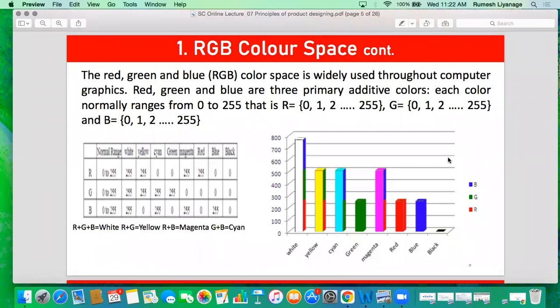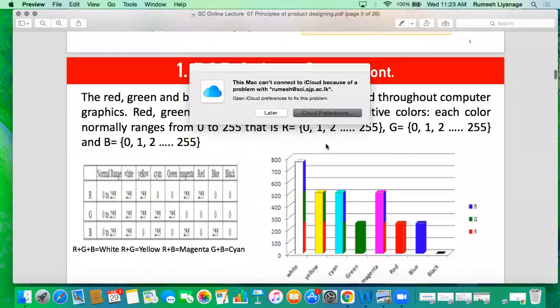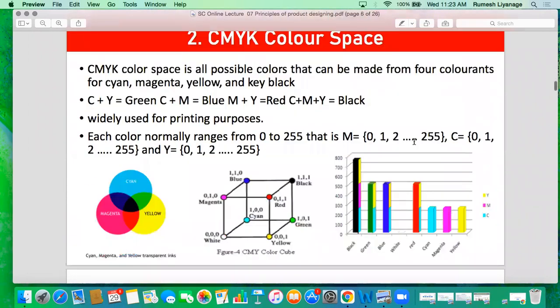It means if we are using 0 to 255 for red, you can see for red 255. For blue again 255, green also 255. If it is a white color, it means a combination of green, blue and red. Here you can see. If it is black color, black means no colors in the RGB, so the value is 0. Okay? You can understand. So these are very simple things.